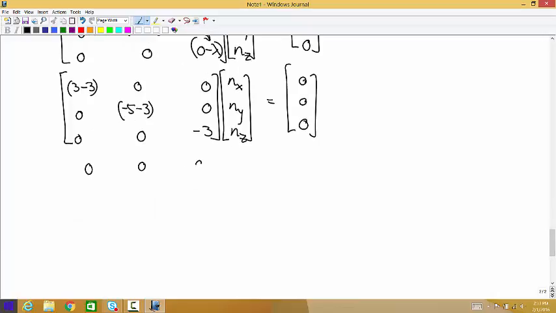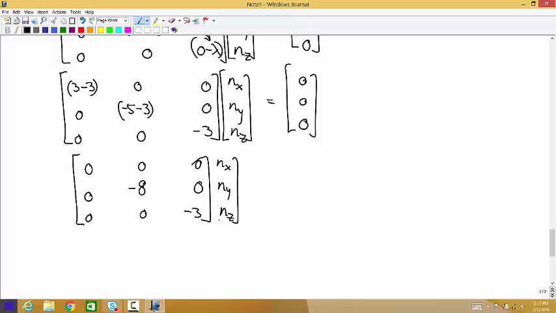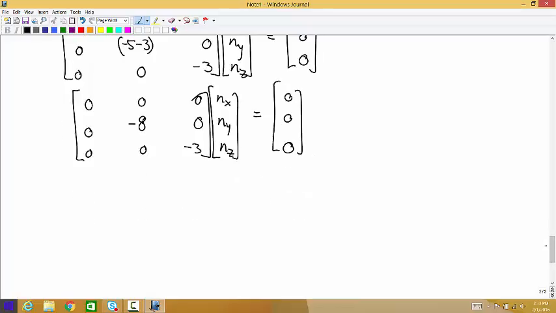So that's 0, negative 8, 0, 0, 0, negative 3, times nx, ny, nz. And that gives us 3 equations. The first one says 0 equals 0. That's not helpful. The second and third will be better.